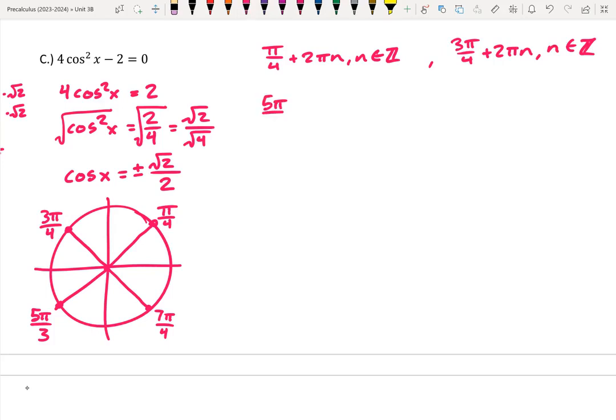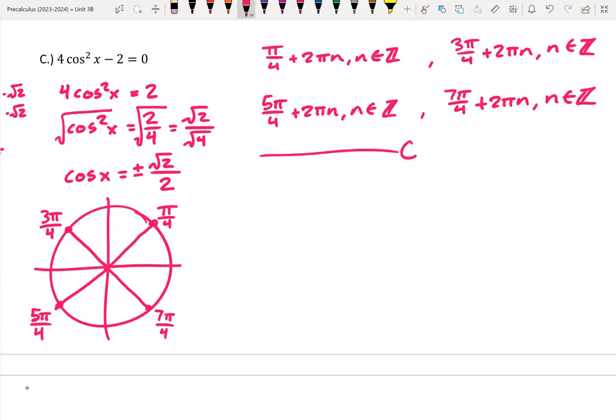Oh, I wrote that wrong. I put 5 pi over 3. That's 5 pi over 4 plus 2 pi n. And 7 pi over 4 plus 2 pi n. Now, that would be correct.